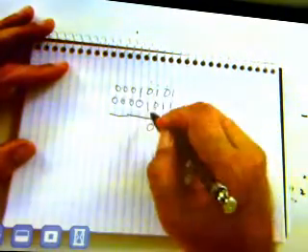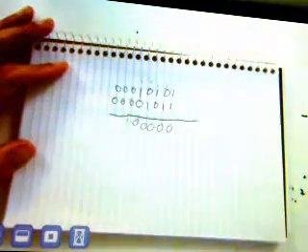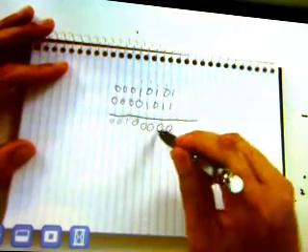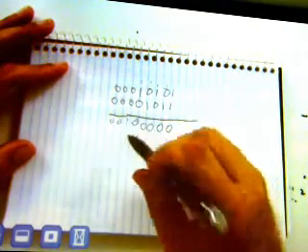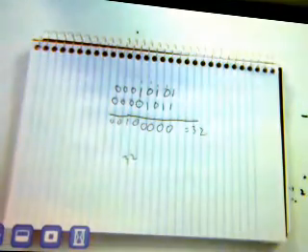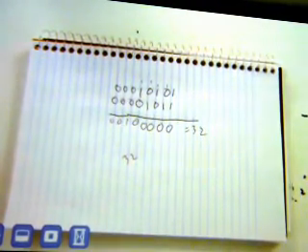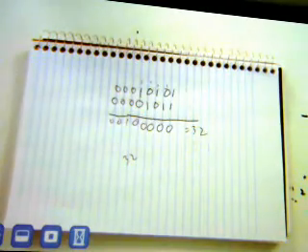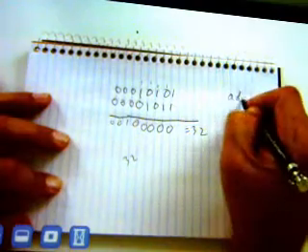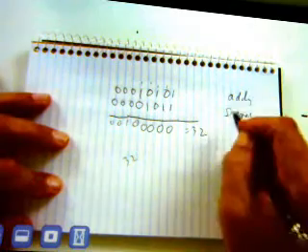Oh my goodness. Plus 1, carry, plus 1. So that's our answer. What is that number? 1, 2, 4, 8, 16, 32. Okay, so that's really all you do to add these numbers. So that's adding signed magnitude.